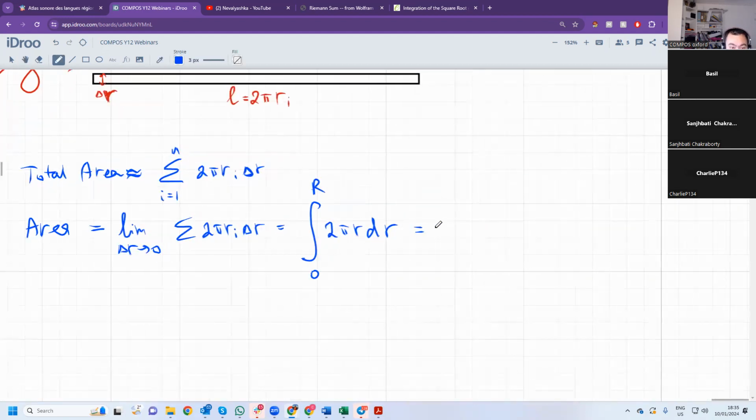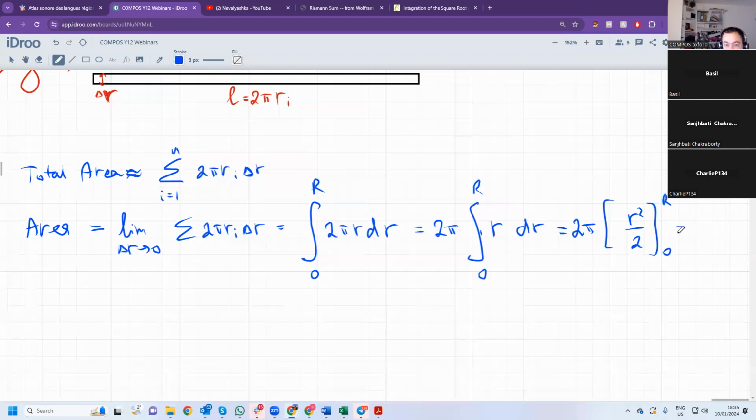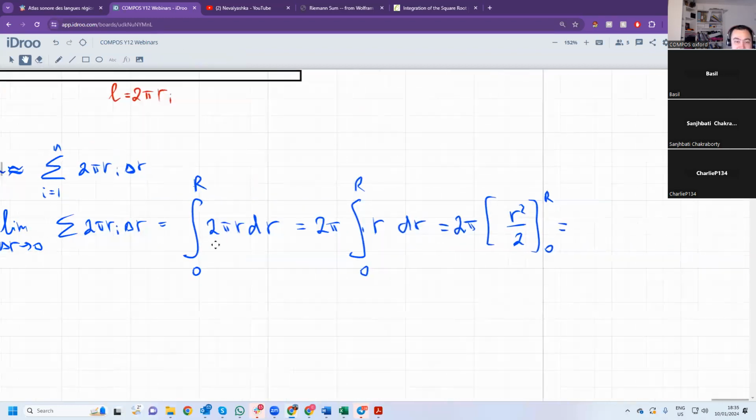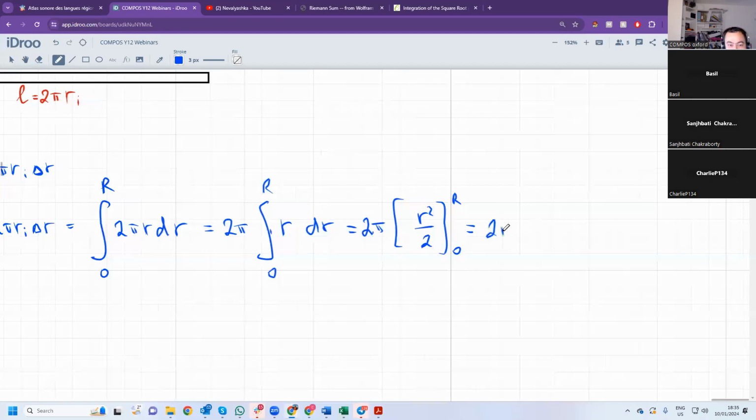We integrate this, so 2 pi goes out, and the integral of r dr from 0 to R is r squared over 2 from 0 to R. Substituting R, we get 2 pi R squared over 2, the 2 cancels, and we're left with pi R squared. Would you look at that?